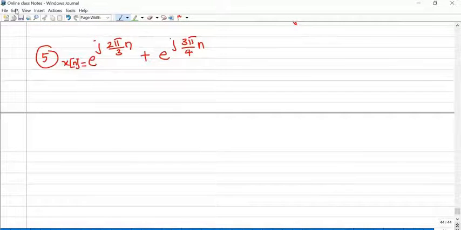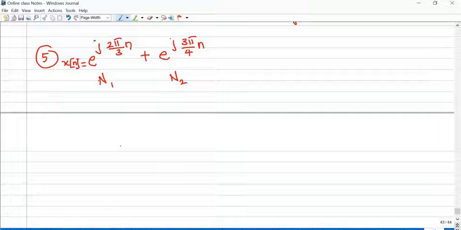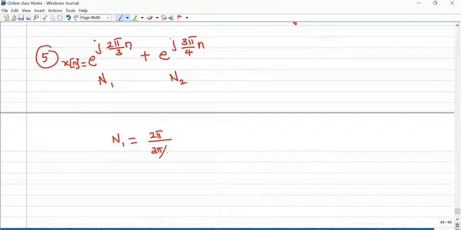So what is the procedure? If a signal has more than one component, we have to find the individual time period of each and every component. Only two components are available here. So N1 equals 2 pi by omega naught, that is 2 pi by 2 pi by 3 times m.